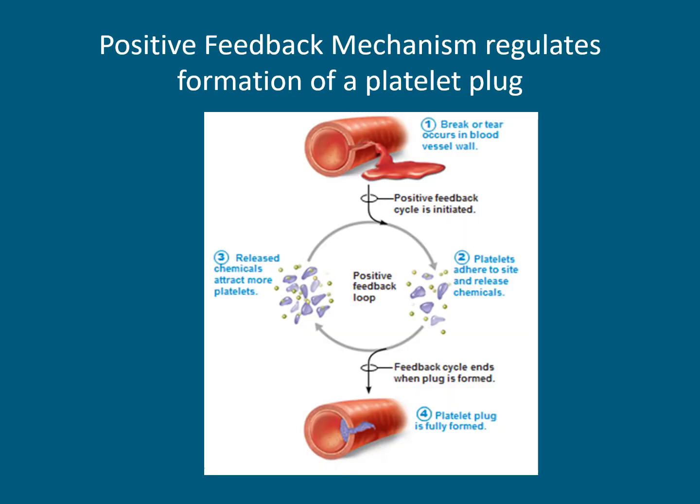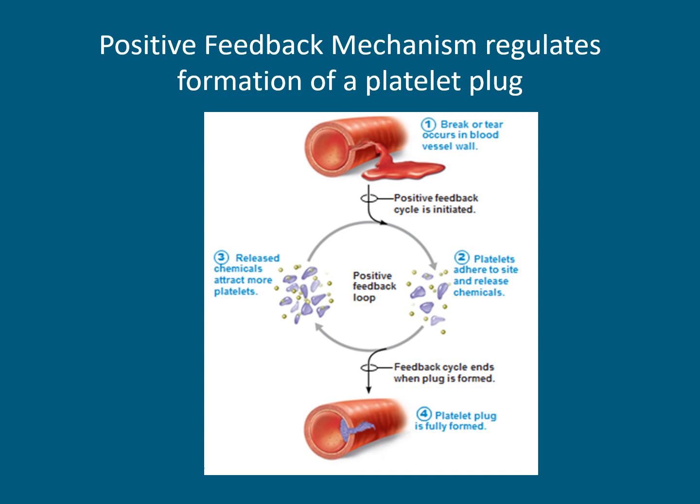So when you have an injury site to one of your blood vessels, there is a stimulus of the bleeding, and what happens is you'll have platelets start to stick to the site. They adhere to that injured site where there's a tear in the blood vessel.